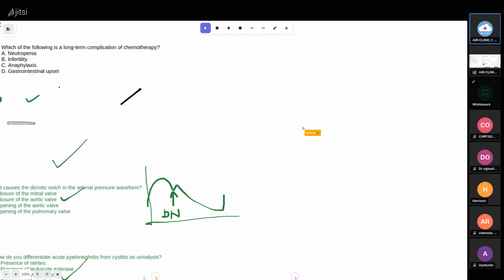In 10% of patients, it's going to be supplied by both the right coronary artery and the left coronary artery. So this anatomy is very important because it's a recurring question and there's no year where you will not get a question on this.